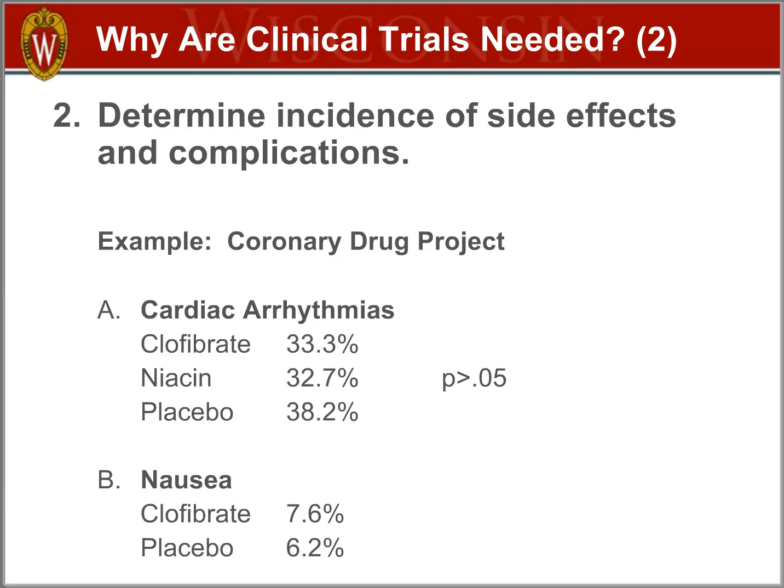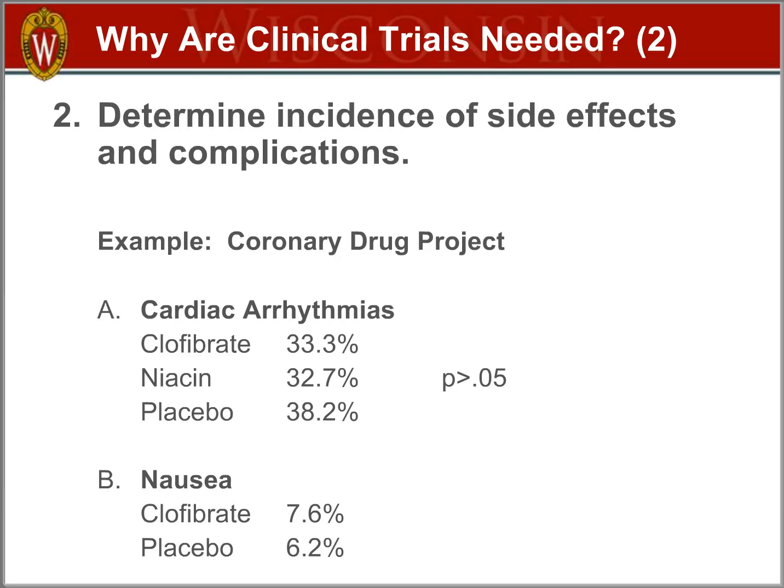Nevertheless, when you examine these drugs for their side effects, you'll notice in the area of cardiac arrhythmias that clofazimine and niacin had a 33% increase, or incidence rather, of cardiac arrhythmias. One might think that that's pretty alarming. However, in this population, the placebo arm had a 38% incidence of cardiac arrhythmias. That is, this problem, this side effect, is a function of the disease and the disease process in that patient. Without the control arm, one would never have been able to ascertain that the cardiac arrhythmia incidence in these 2 drug arms was just consistent with the placebo arm.